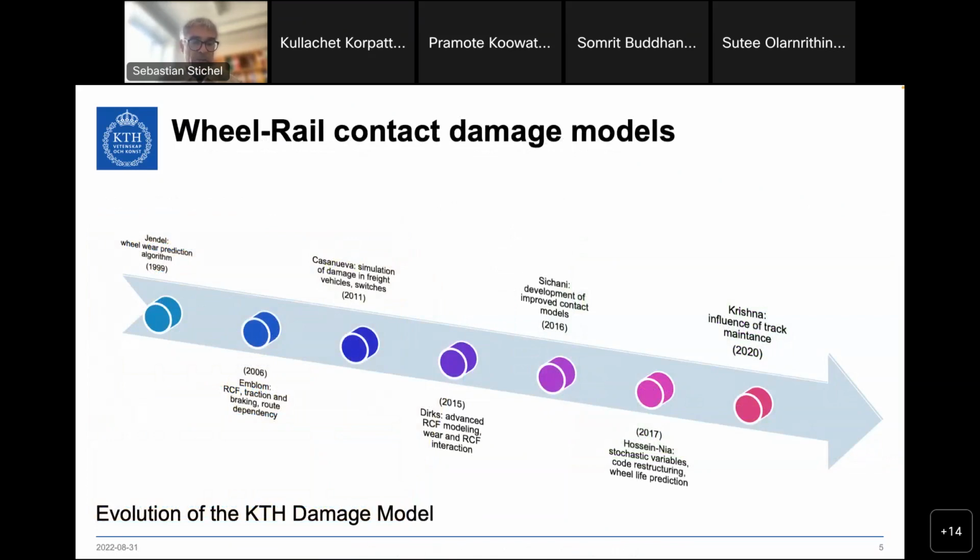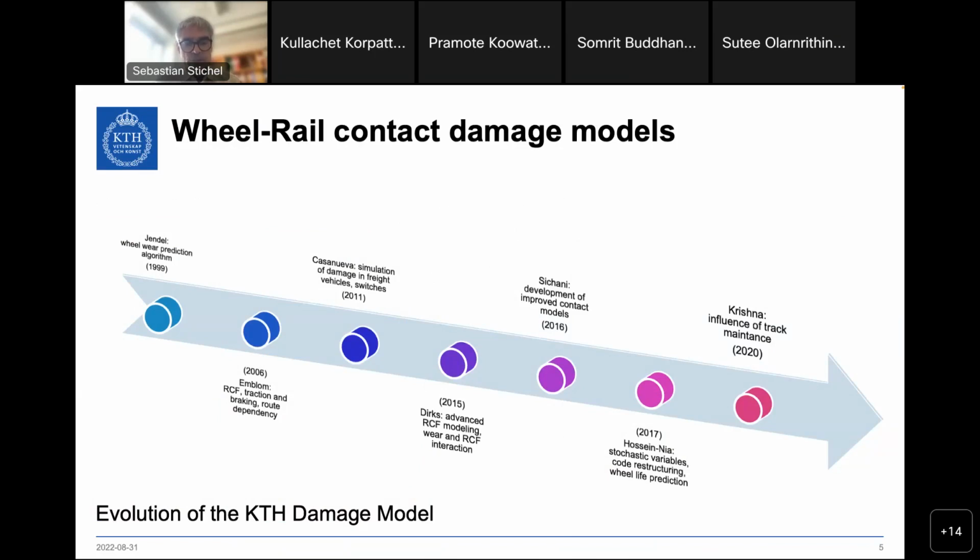And as you can see with this timeline here, I just want to indicate that we have been dealing with this for more than 20 years. Now the first thesis we had in our research group on that was in 1999, and since then we have continued to work to refine our calculation framework.